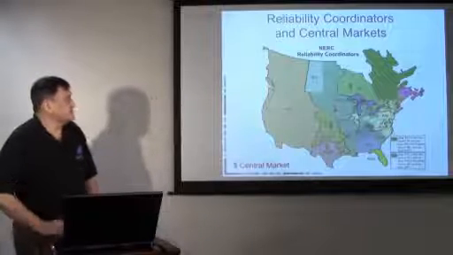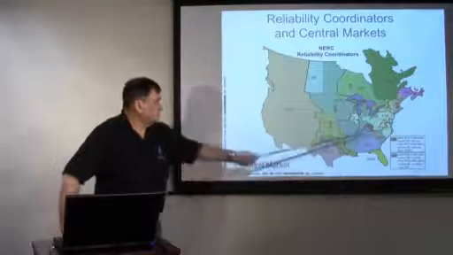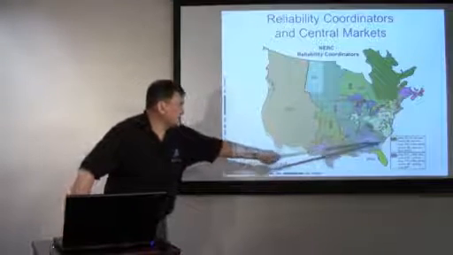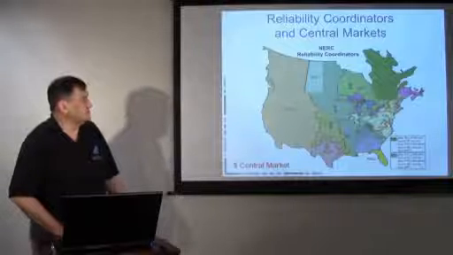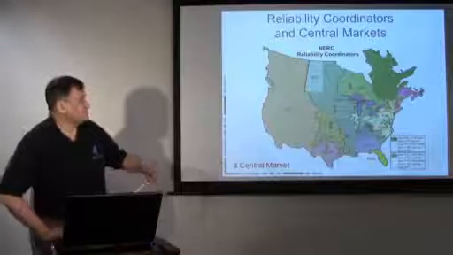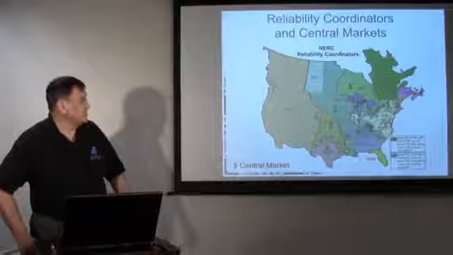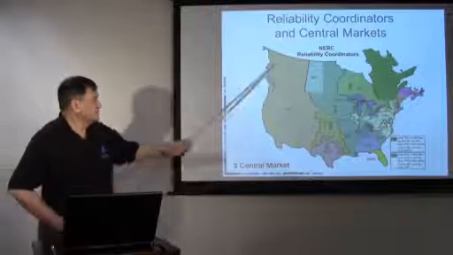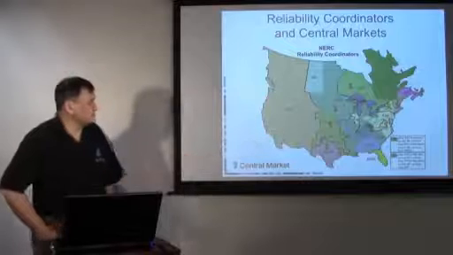In the other cases, with WEC, Saskatchewan, TVA, Southern Company, Florida, Virginia, those are being run sometimes as adjuncts to a major control center in the area. In the case of WEC, they have funded their own reliability coordinator function.